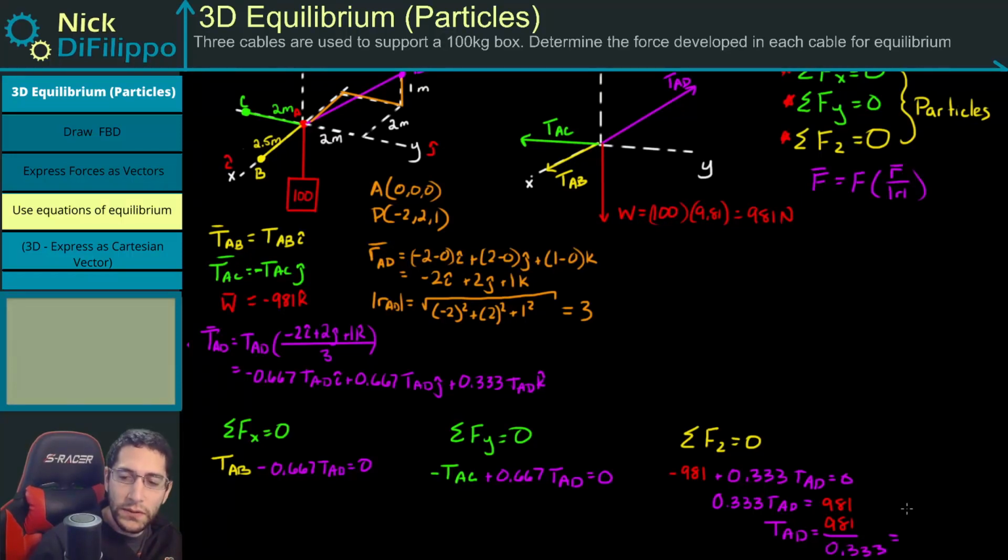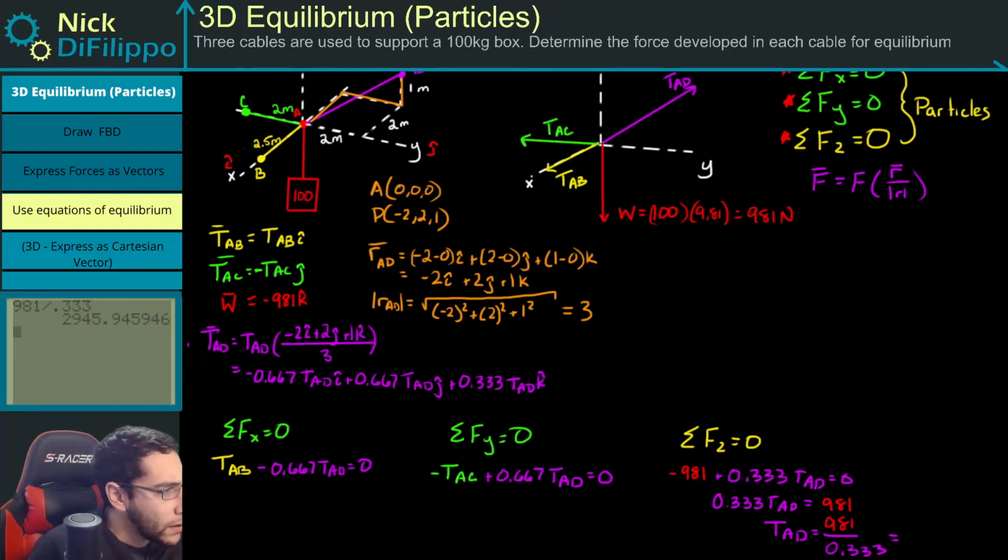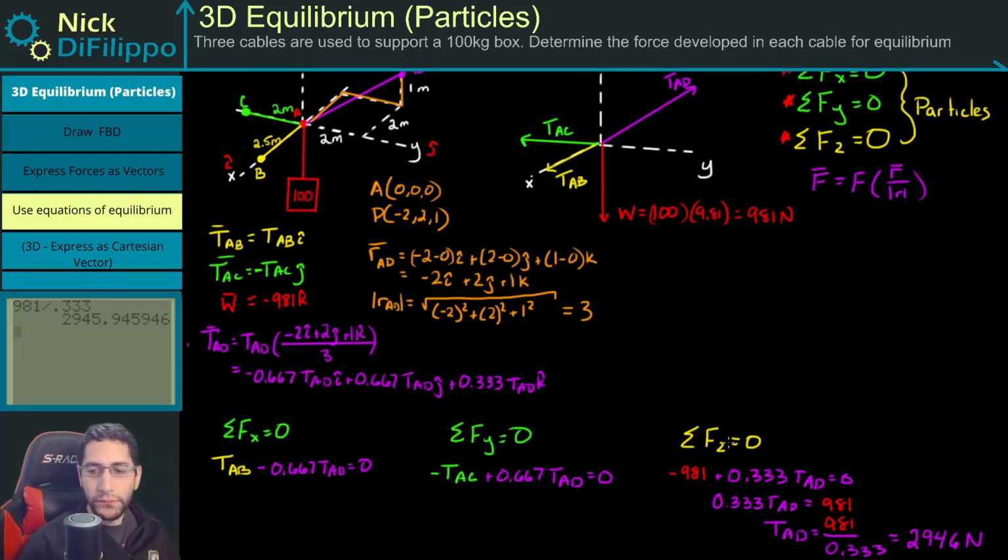And this is equal to, let's do that calculation, 981 divided by 0.333, 2,946. So this is 2,946 newtons.